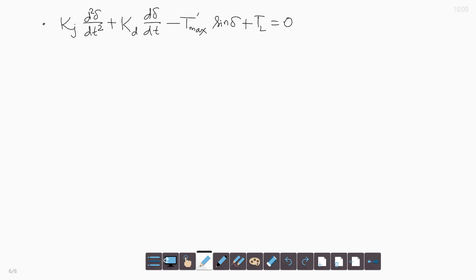This torque balance equation is referred to as the swing equation. This decides how the delta swings. Okay, so this is the swing equation.